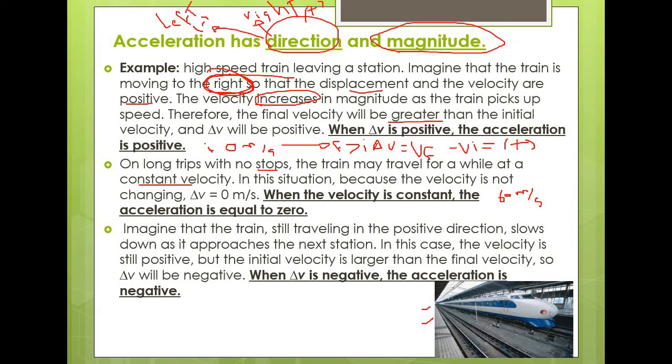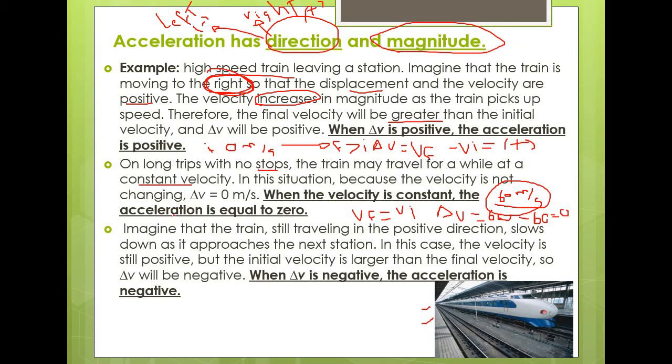In this situation, because the velocity is constant, the final velocity equals the initial velocity, so the change in velocity equals 60 minus 60 meters per second, which equals 0.